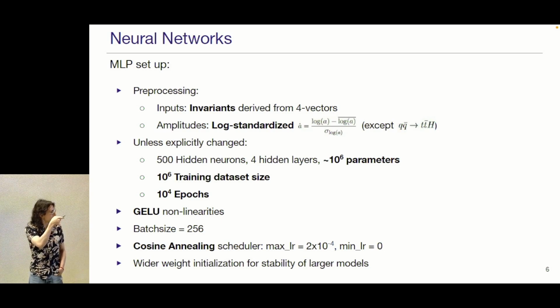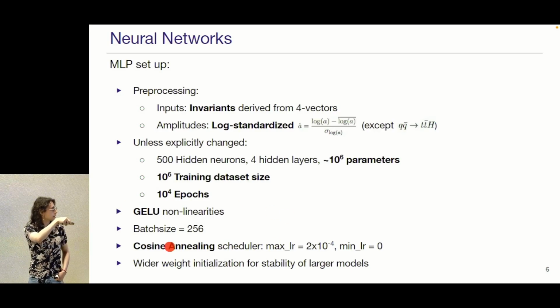Then, unless it's explicitly changed, and it should be clear when it's changed, the base model is 500 hidden neurons, 4 hidden layers, so 10 to the 6, or 1 million parameters, a data set of 1 million data points. And we train for 10 to the 4 epochs. That's kind of the maximum amount of resources we invest into this.